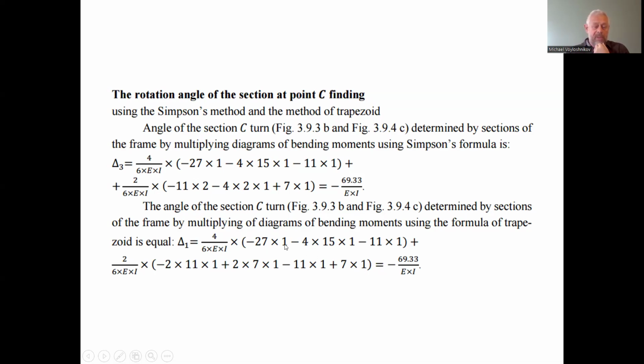For the parabolic shape the use of Simpson rule is appropriate, because we account for the magnitudes of the bending moment under the action of the external load at the ends of the element and in the middle. So we have 3 magnitudes, and for the trapezoid rule we have only 2 magnitudes at the ends of the element of the mechanical system.